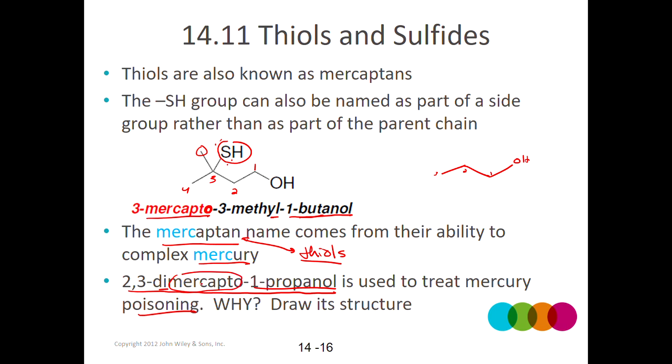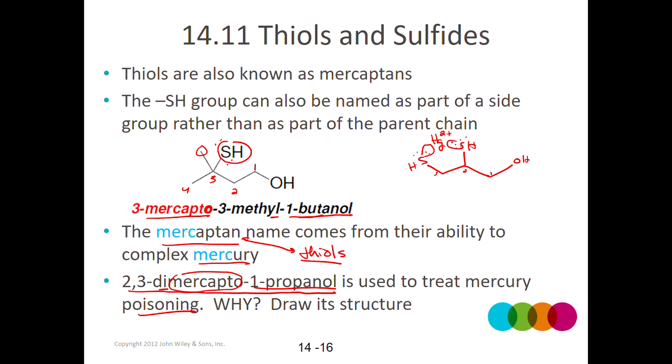So I've got a mercapto on 2 and a mercapto on 3. That means I've got an SH here and an SH here. And what that does for mercury poisoning is it spatially positions these lone pairs at just the right distance to bond to a mercury.